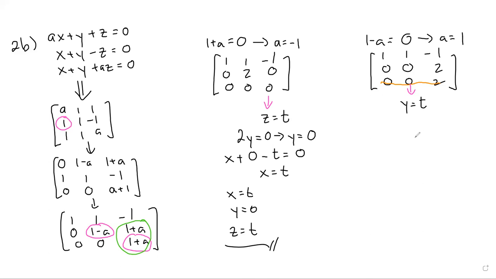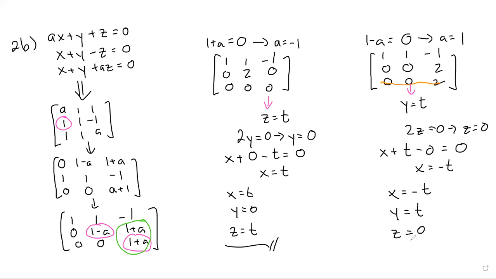And the bottom equation says 2z equals 0, so z is 0. And I know y is t, so x plus t minus 0 is 0, so x is -t. And so this solution is -t, t, and 0.